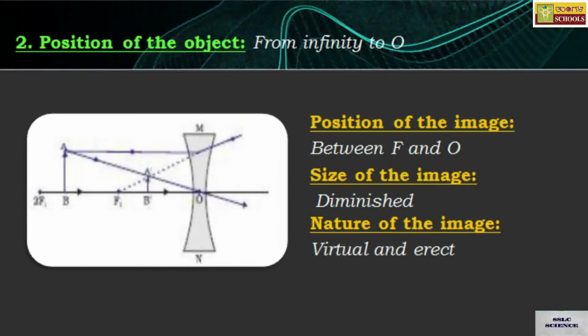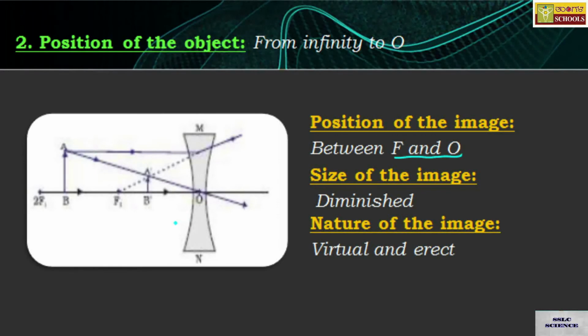Now we are having the second and last position here. From infinity to the optic center, wherever you place the object, you will see the image between f and o only. Keep in mind, after infinity, you just take it as infinity to o, no problem.